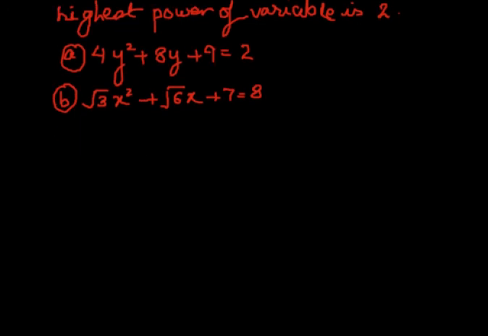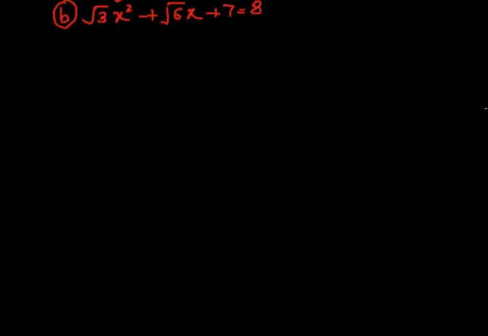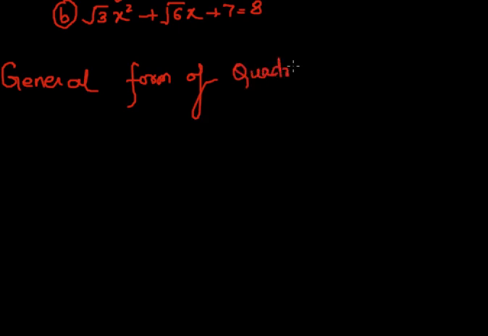If we talk about the general form of quadratic equation, the general form of quadratic equation is ax square plus bx plus c is equal to 0.